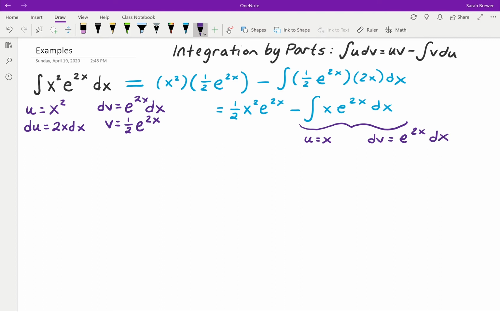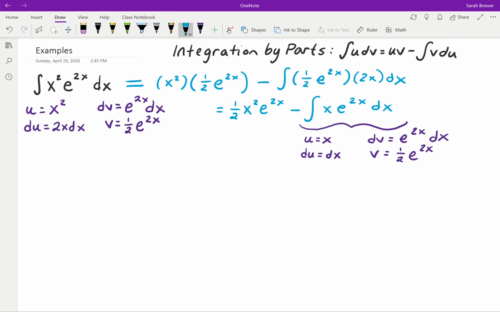Notice you're always going to have dx attached to the dv, right? Because that is a differential expression. So then du is equal to dx. My v, again, same thing, is going to be 1/2 e to the 2x.